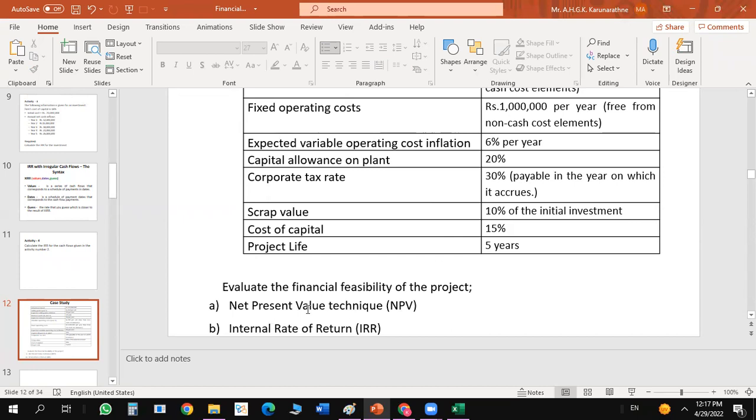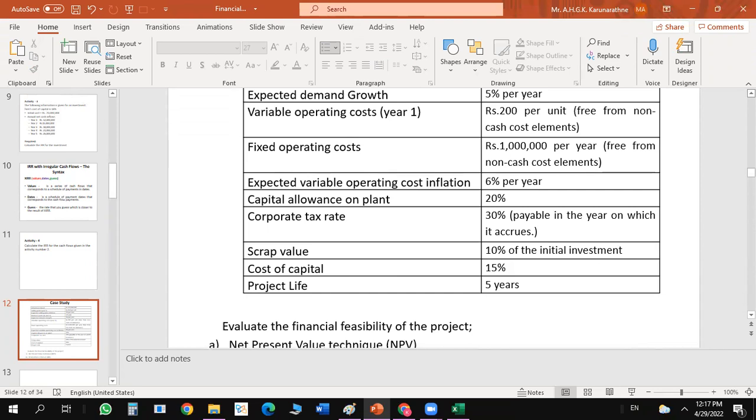But before computing NPV and IRR, you are required to estimate the project cash flows.